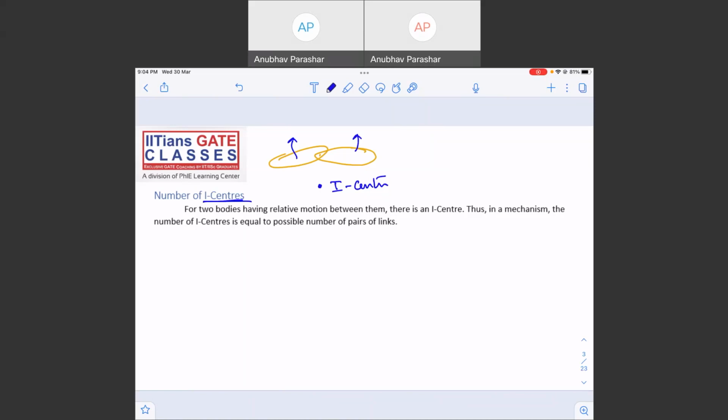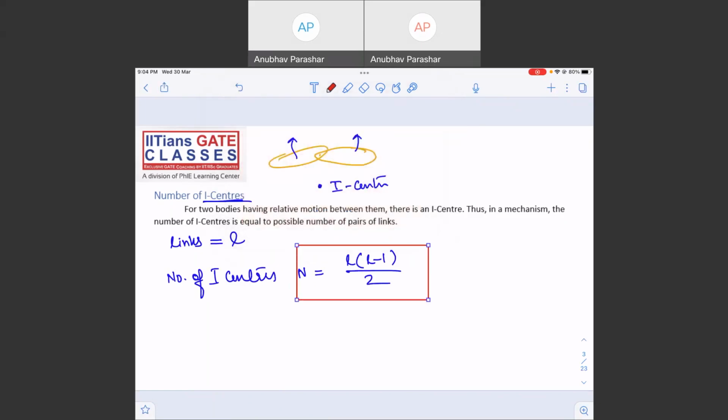Suppose the number of links is equal to n, or let me say L. The number of I centers can be given by n is equal to L into L minus 1 divided by 2. This formula is important. Sometimes questions are asked directly from this formula.